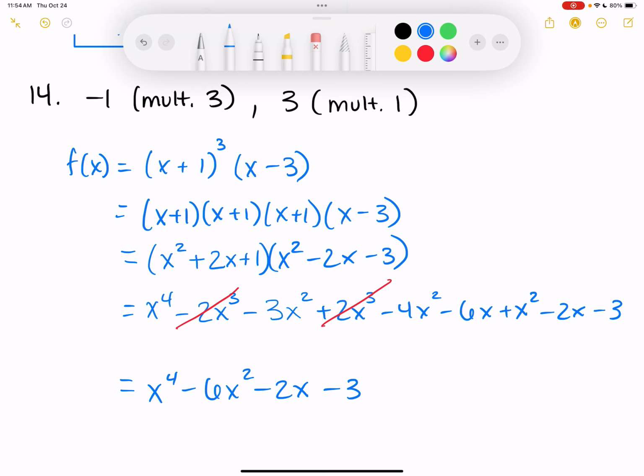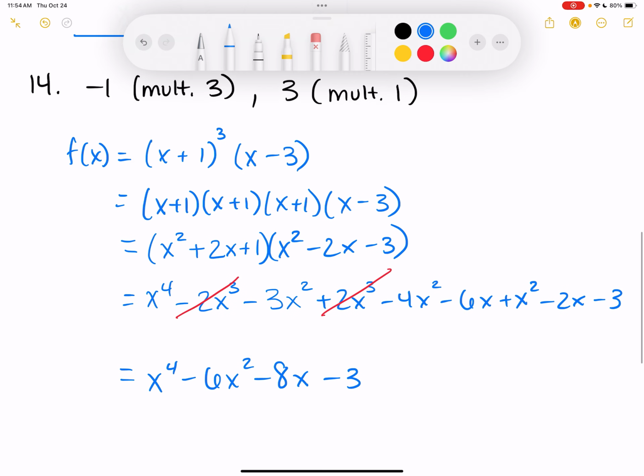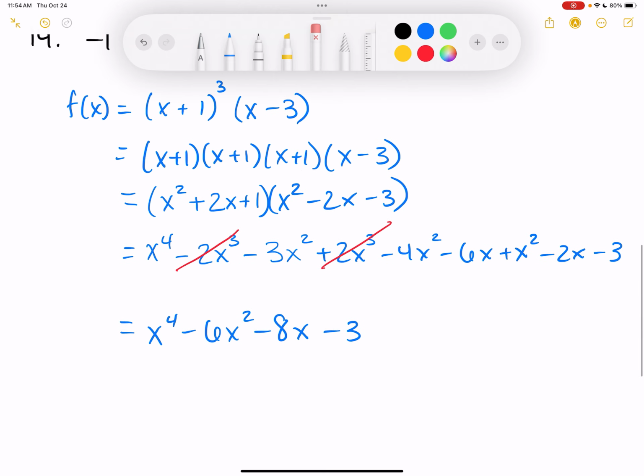Oh, I just missed a term altogether. That's why. Okay. Looks like something's not right. Okay. All right, so that would be your answer to that one, and that makes sense. I had a multiplicity of 3, multiplicity of 1. So it being a function to the 4th power makes sense.